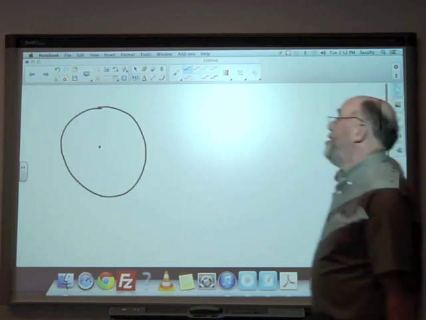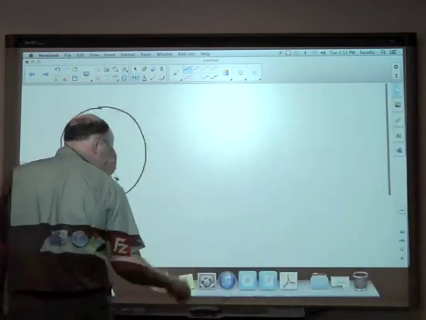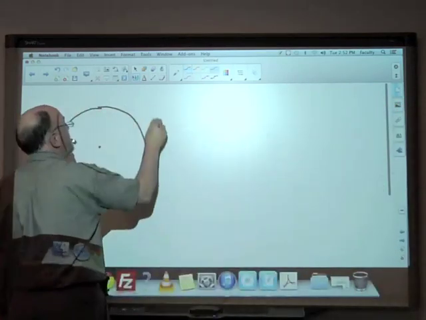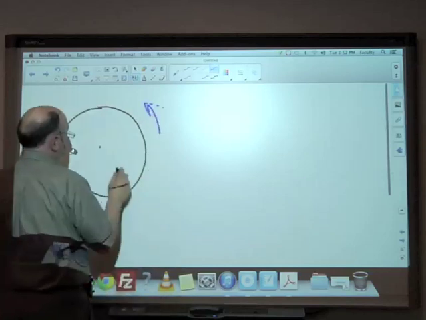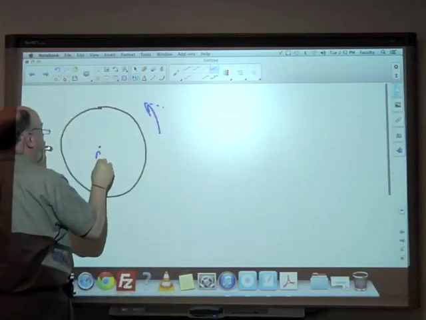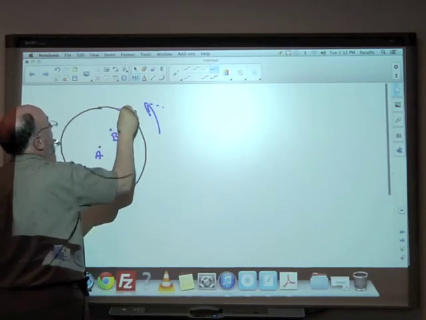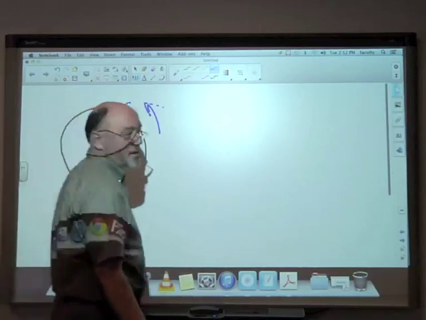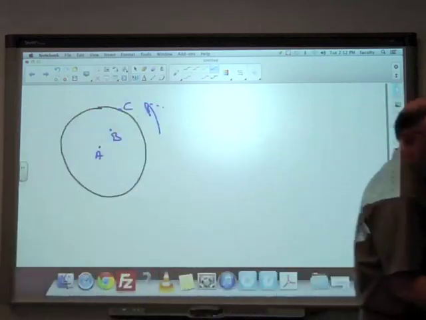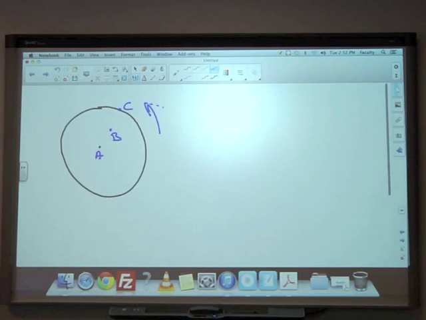So if this thing is turning like this, and we've got a person at point A, a person at point B, and a person at point C, which one is traveling at the greater velocity? C, right? The further away you are from the center, the faster you are going.